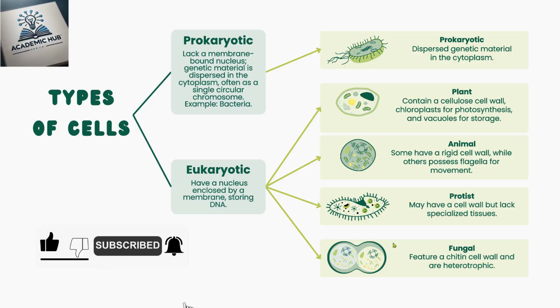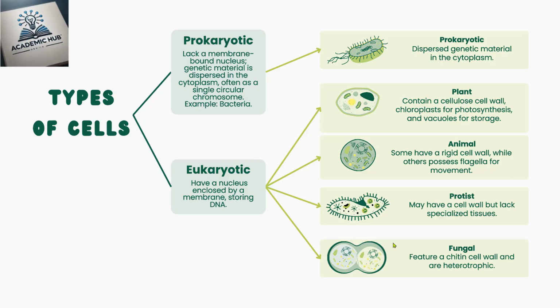Heterotrophic nature means fungi cannot make their own food like plants. Instead, they absorb nutrients from organic matter, making them heterotrophic. For example, yeast, a type of fungus, is used in baking and fermentation.